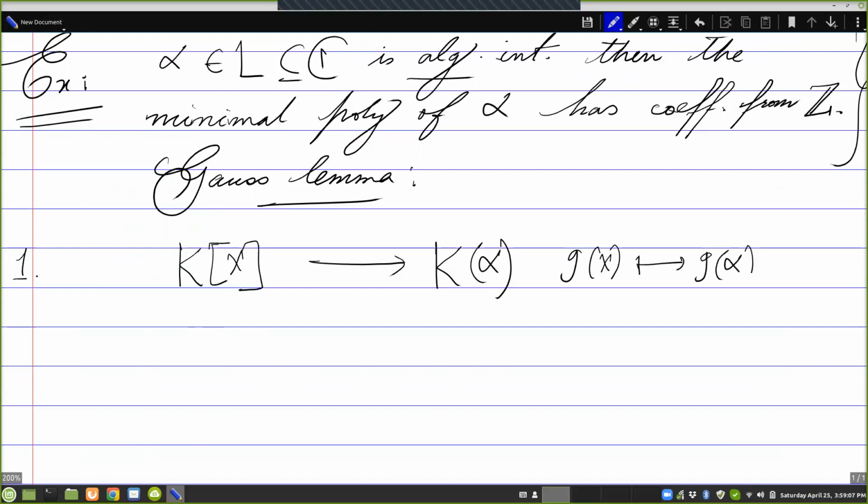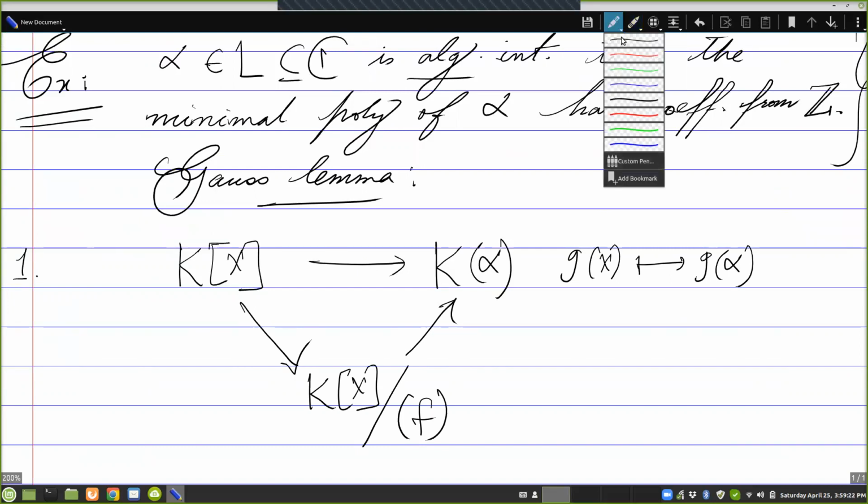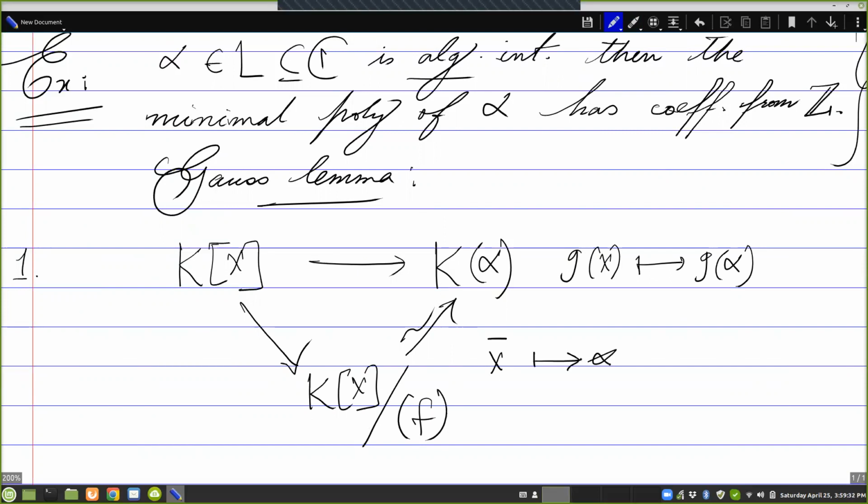Okay, then in the last lecture we showed that we get an isomorphism. And what does this isomorphism do? This isomorphism sends x bar, that is the coset of x, to alpha.